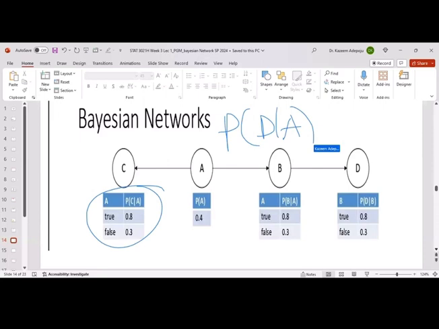So if I want to figure out the probability of D given A, I'm going to stop my share so that I can share the whiteboard and write on it.